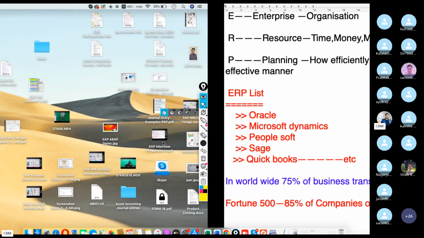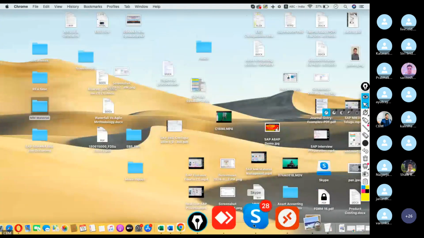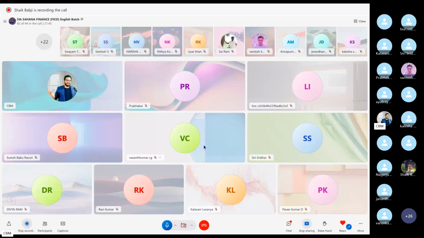From a revenue point of view, there is no huge recession. If you look at other companies, due to recession they are laying off employees, right? In this case SAP has terminated 3,000 employees, but still they have a profit.